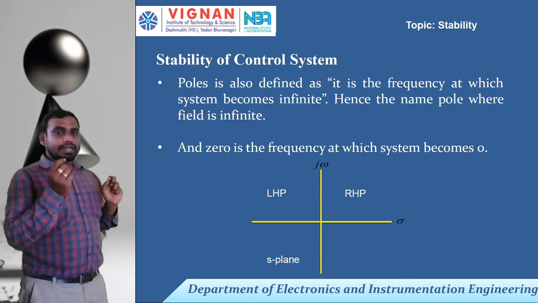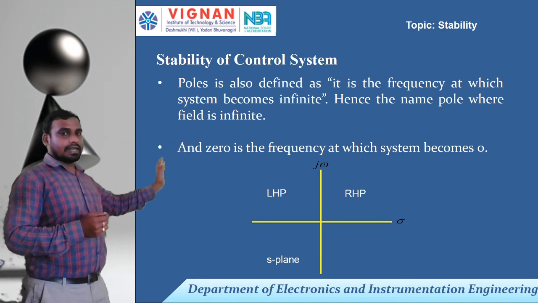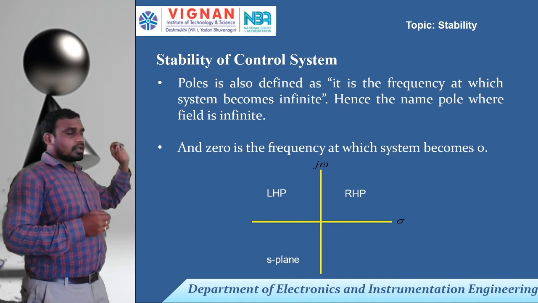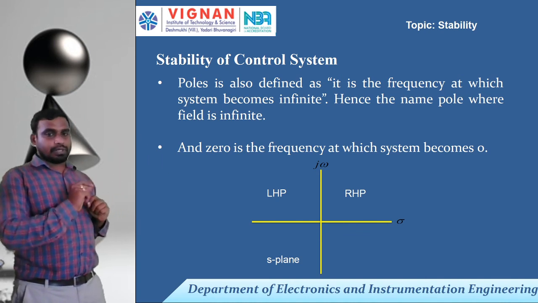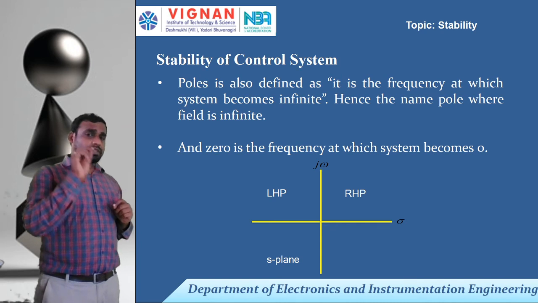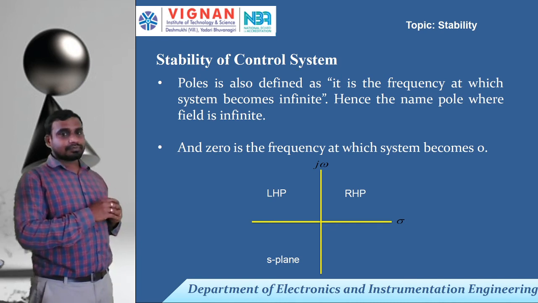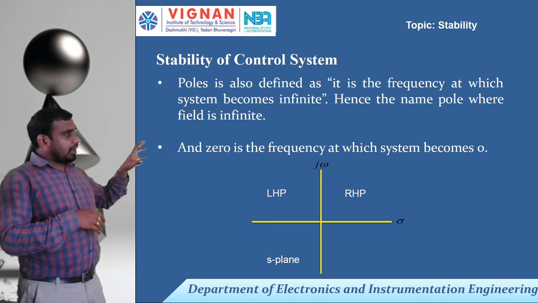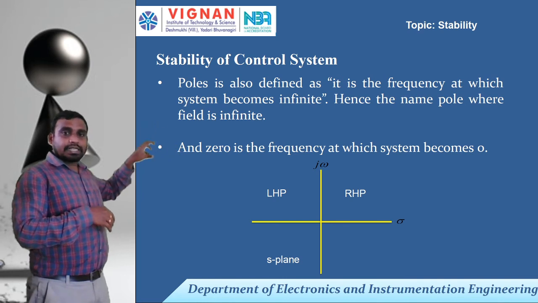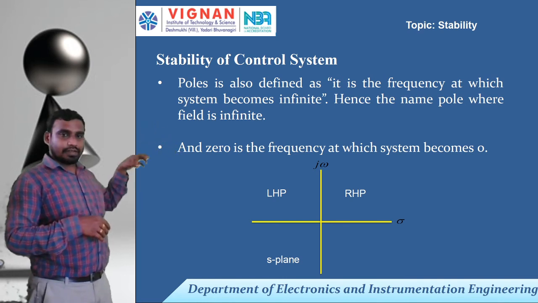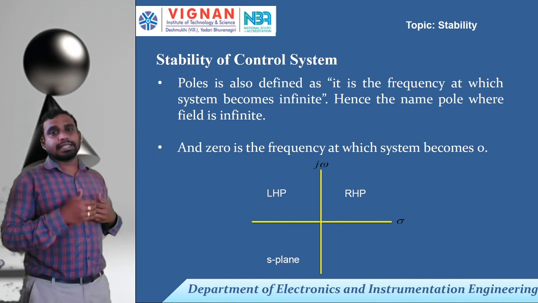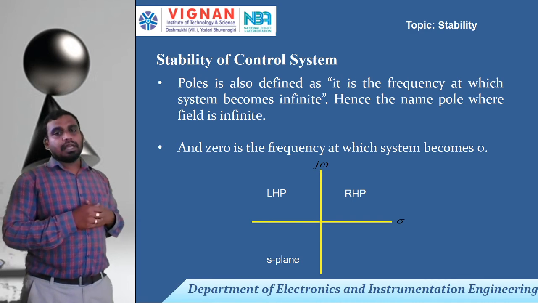If your roots are negative, you place them on the left hand side. If the root is equal to 0, that means the root is at the origin. So based on the location of the roots, we can estimate the stability of the control system.